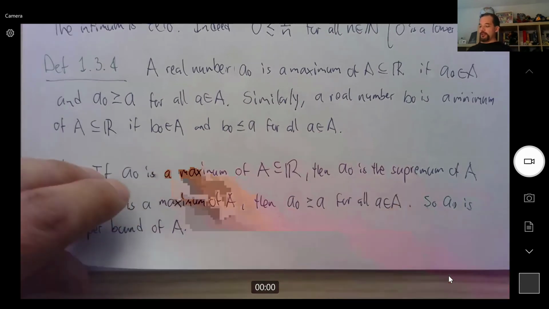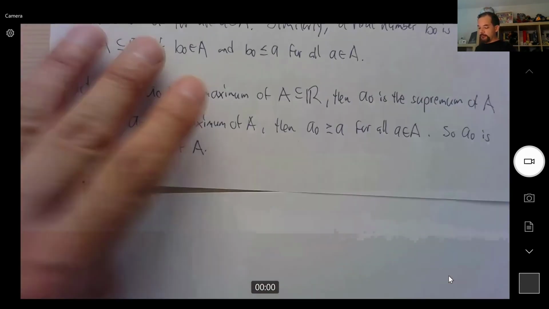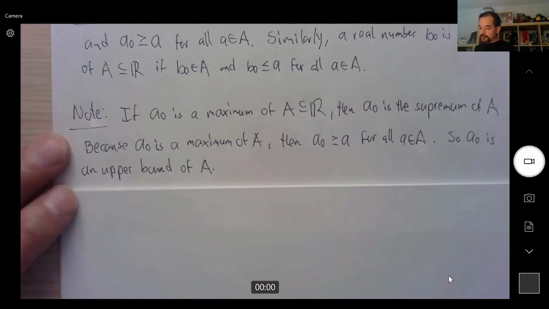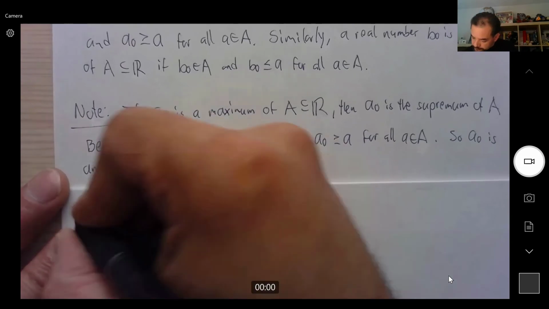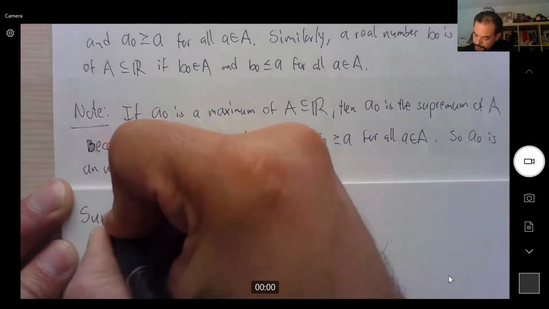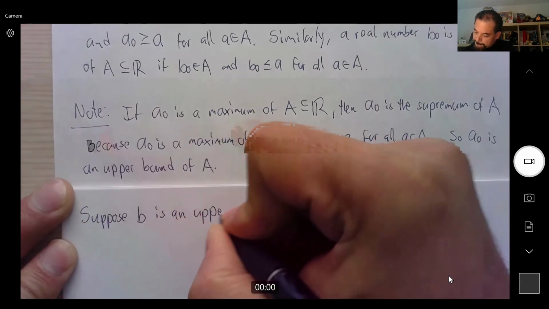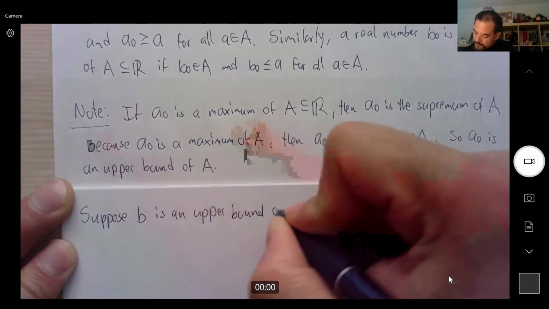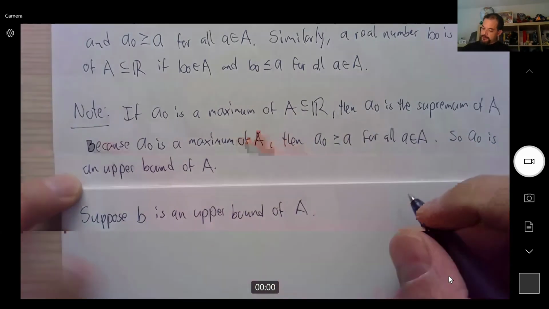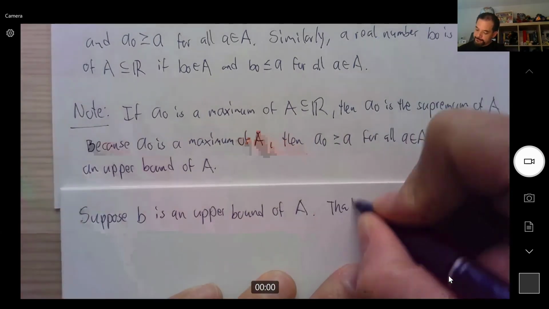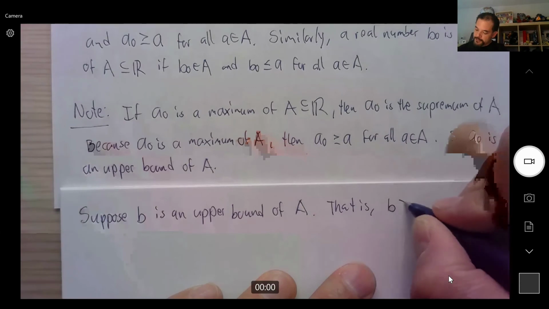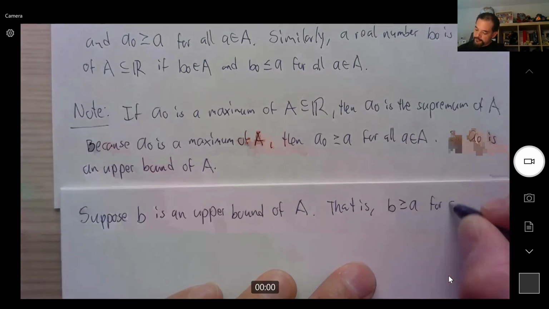Now, how do I show that it is the least of the upper bounds? Well, let's suppose we have another upper bound. Suppose B is an upper bound of A. That is, B is greater than or equal to a for all a in A.